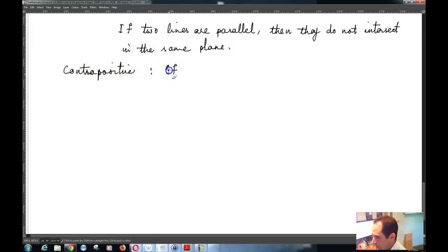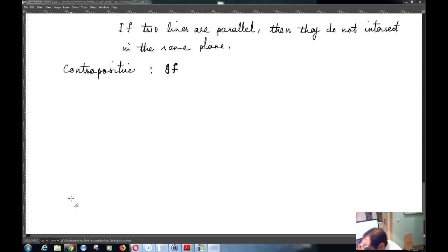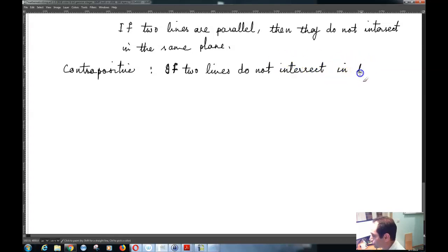So the contrapositive of this statement would be if two lines do not intersect in the same plane, then they are not parallel.